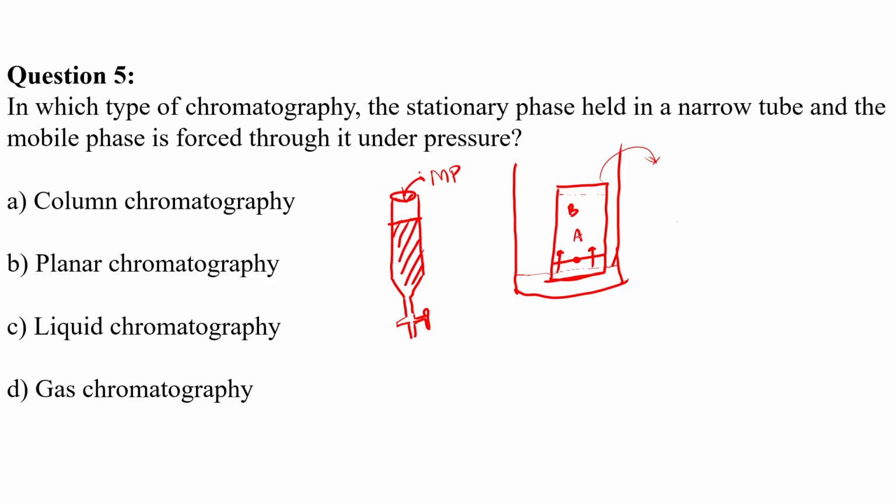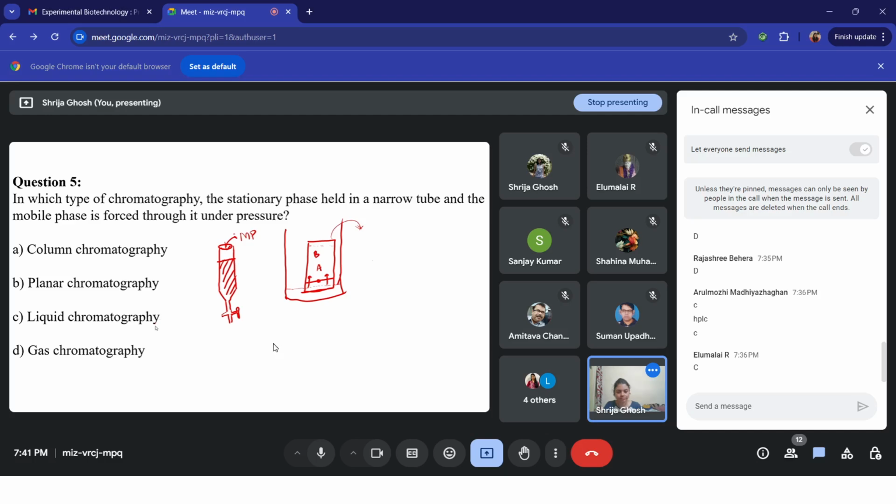If A is interacting more with the stationary phase, it will move slower than B. So based on the partition coefficient, the separation will happen. That is planar chromatography, and this is column chromatography. Liquid and gas chromatography are just terms used based on what mobile phase you are using. I hope this is now clear to everyone.